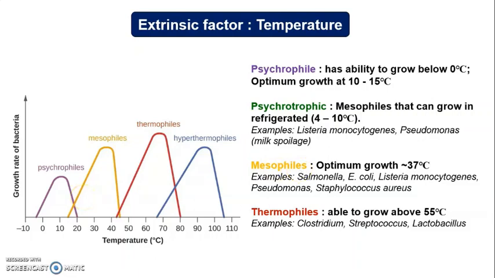Another thing I want you to take note of is that it's always a range for microbial temperature growth. What makes the difference between all those groups is actually the optimal growth of the microbes: psychrophile, mesophile, thermophile, and also hyperthermophiles.